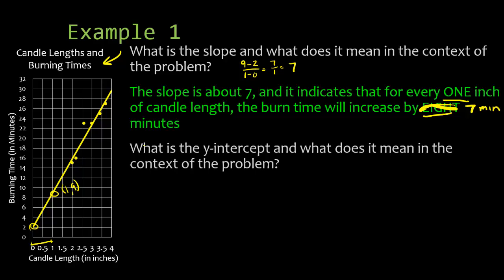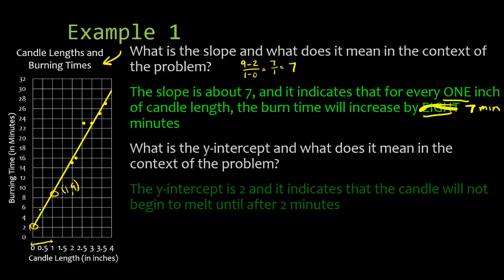Now, what's the y-intercept, and what does it mean in the context of the problem? Well, if you look, your y-intercept is 2. So why does it start at 2? Well, you could say, okay, so I've got 0 for candle length. What is going on there? And if I have 0.5, it's already up to here. So what it means in this case is the y-intercept is 2, and it indicates the candle will not begin to melt until after 2 minutes have passed.